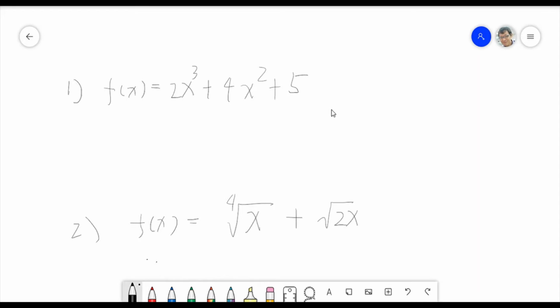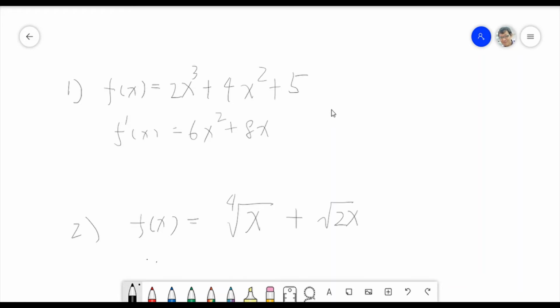So the derivative of f(x) equals, remember, 3 goes down, 3 times 2 is 6, then x to the 3 minus 1, so it's x squared. Plus 2 goes down, so 2 times 4 is 8, and then 2 minus 1 is 1, so x.